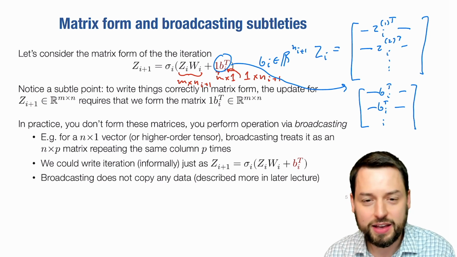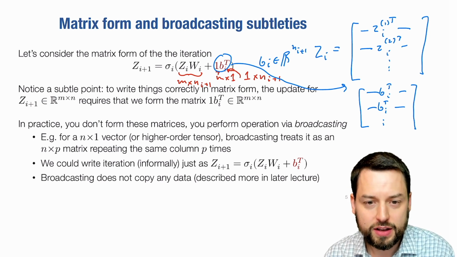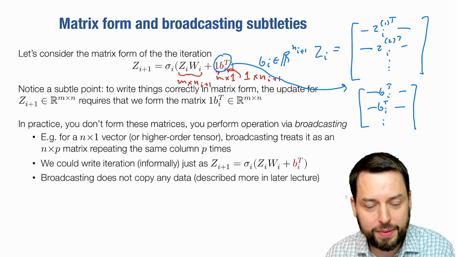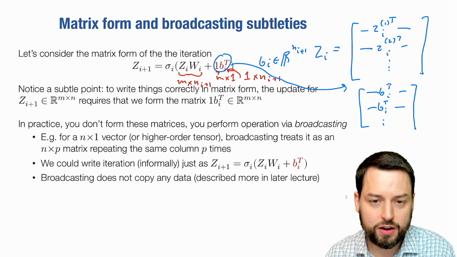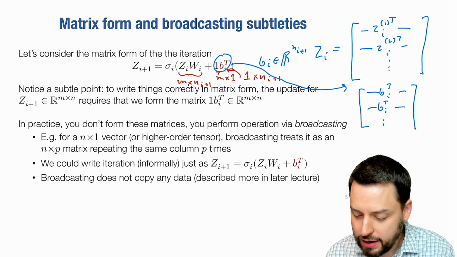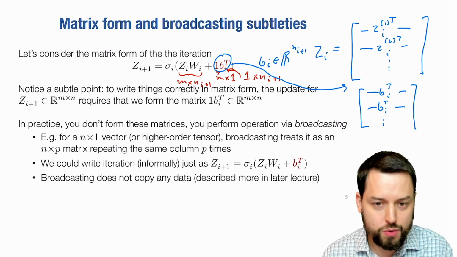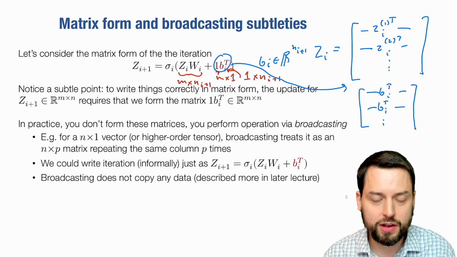But the basic idea is that instead of explicitly copying this vector many times, we use this technique called matrix broadcasting. You may have seen it already if you've used libraries like NumPy before.